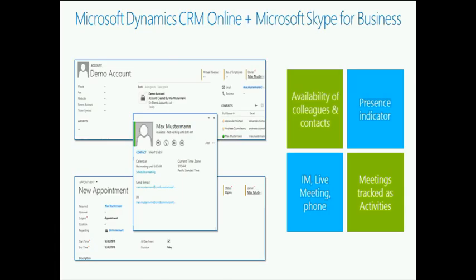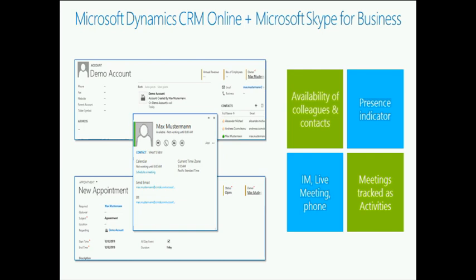From a Skype for Business perspective, the few ways that we tie into Skype is we use the presence information. For those that are familiar with Skype, or with what used to be called Lync, you get the little green, yellow, red notifications, whether the user is available, busy, in a meeting, or do not disturb.